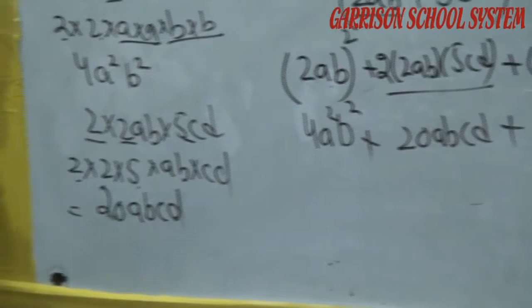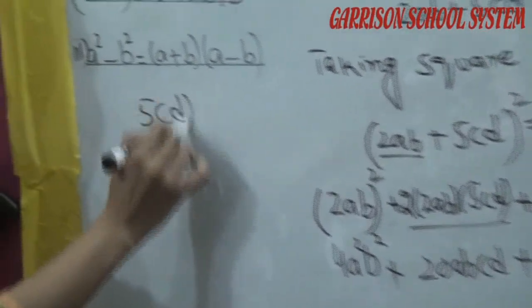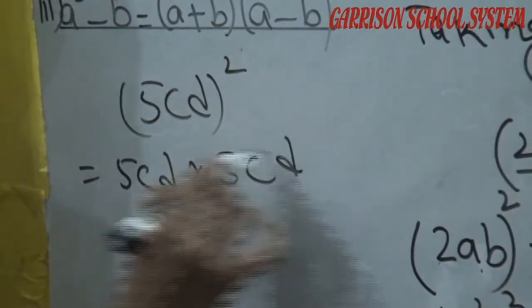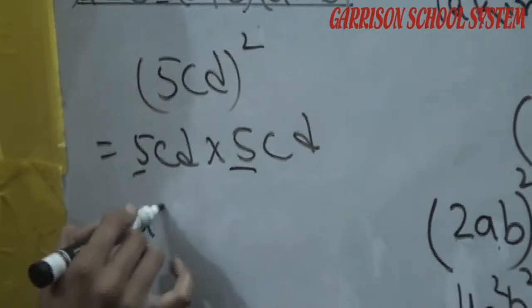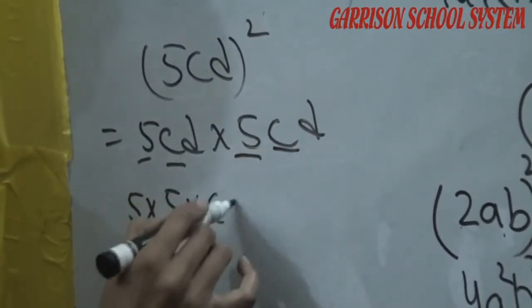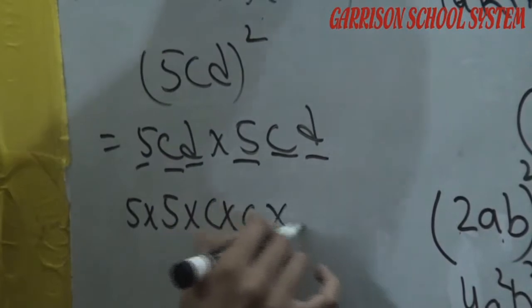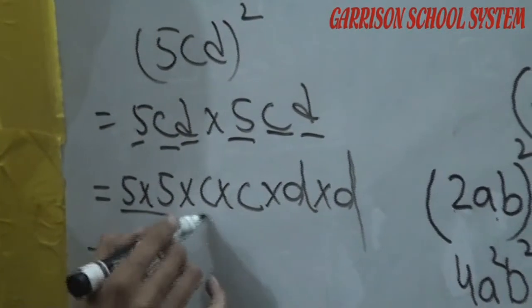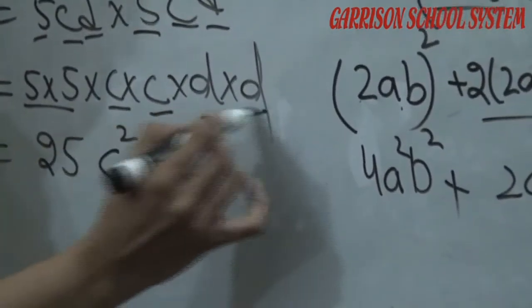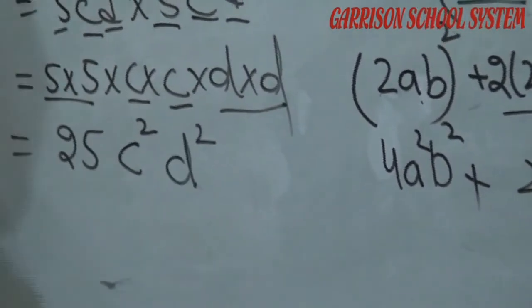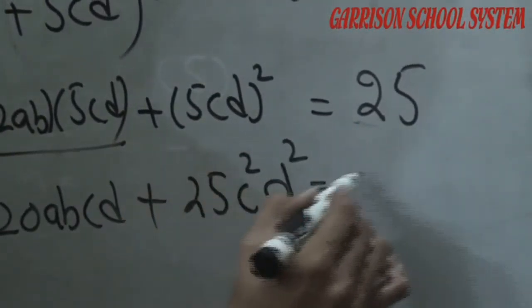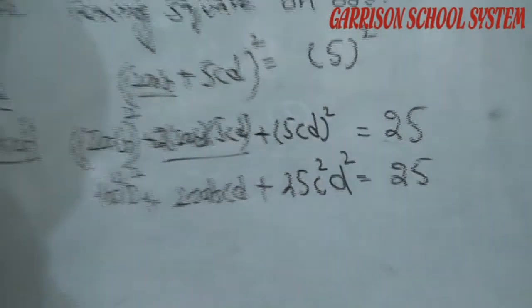What will it produce? 5CD whole square means 5CD multiplied by 5CD. 5 will multiply by 5, C will be multiplied with C and D will be multiplied with D. 5 5s are 25. C multiplied by C will produce C square and D multiplied by D produce D square. 25 C square D square is equal to 25.